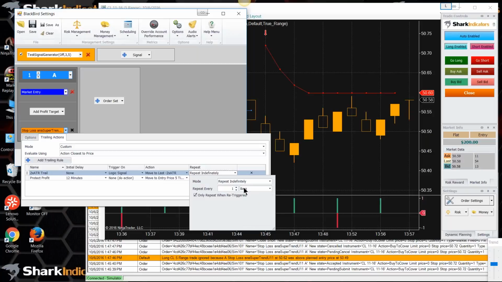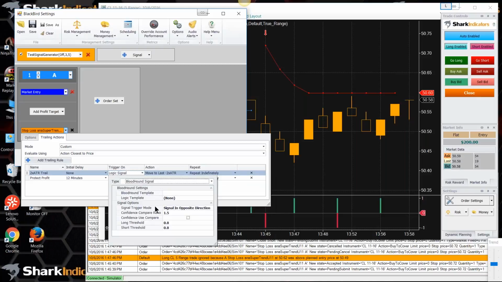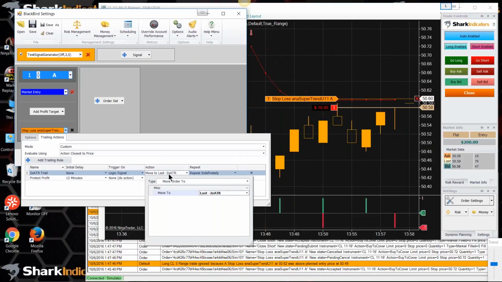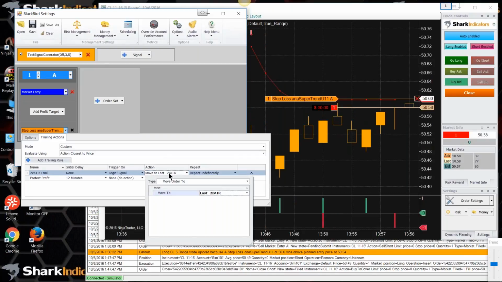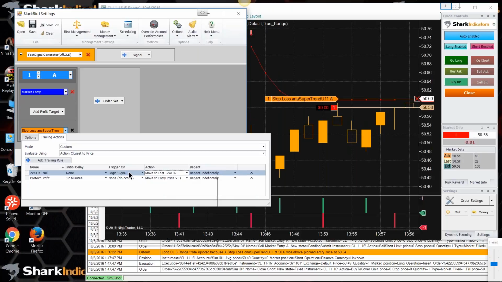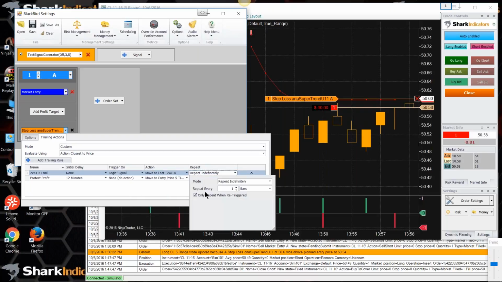So once per bar, check to see if you get a bloodhound signal, then you perform the action. So the action performs when you get a bloodhound signal, and that's when the repeat.